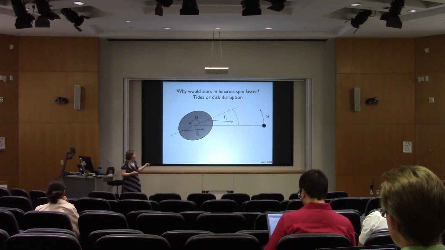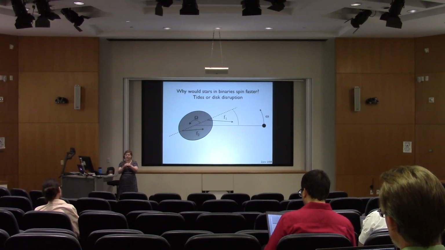If you have a primary star here with a companion, the companion raises a tidal bulge on the star, and then those 2 bulges experience different gravitational forces due to the secondary, so there's a torque on the primary.